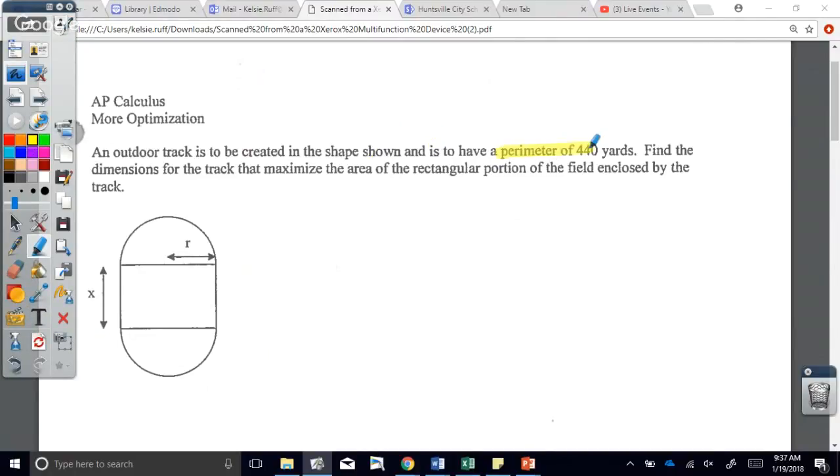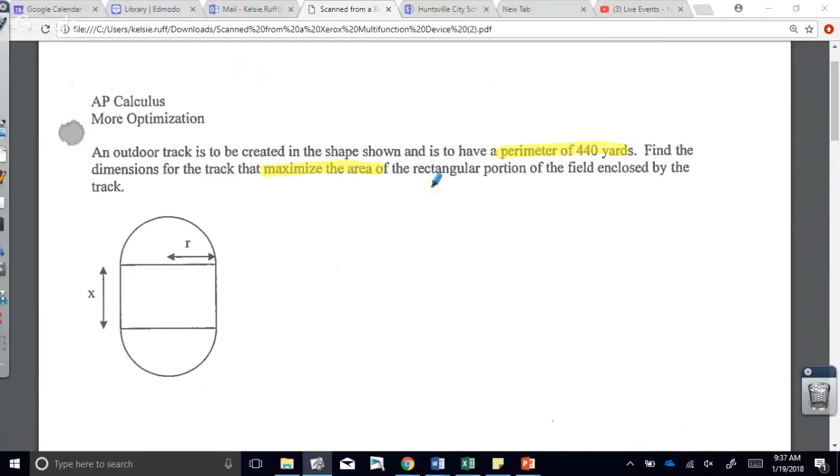Find the dimensions for the track that maximizes the rectangular portion of the field enclosed by the track.